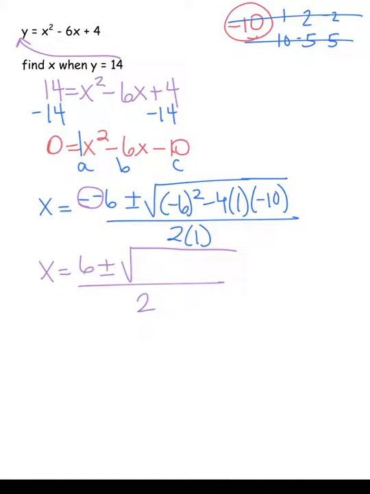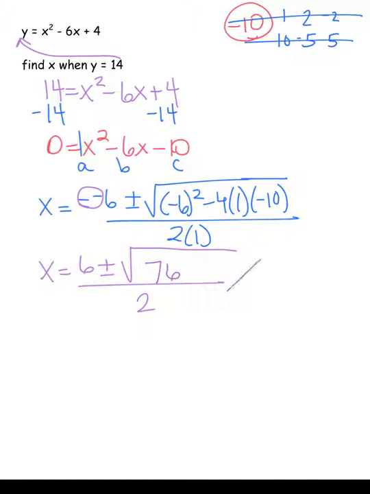And grab your calculator and type in this part inside the radical. Remember to use parentheses around that negative number with the square on the outside, if you haven't done negative 6 squared and gotten 36 in your own brain. So I get 76 inside my square root.